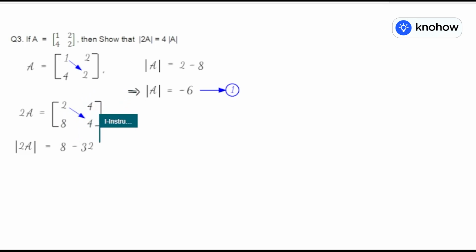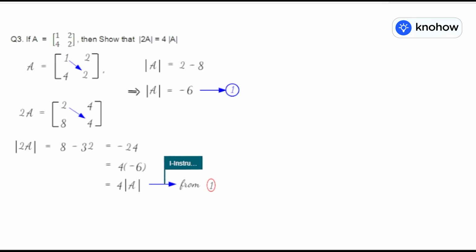So you get 8 minus 32, that is minus 24, which may be written as 4 into negative 6. And you know, from 1, the value of determinant A is minus 6. So it may be written as 4 times determinant A using 1. So what do we conclude? We conclude that the determinant value of twice matrix A is 4 times the value of determinant A.